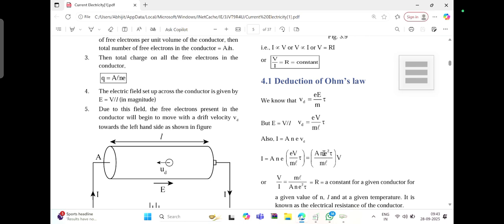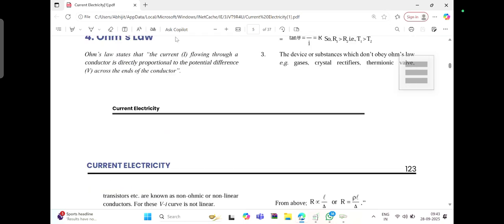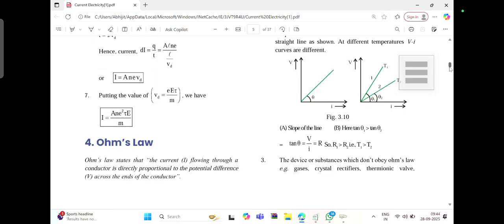So then R is not constant. So Ohm's law states that the current I flowing through a conductor is directly proportional to the potential difference V across the ends of the conductor when the temperature is constant.